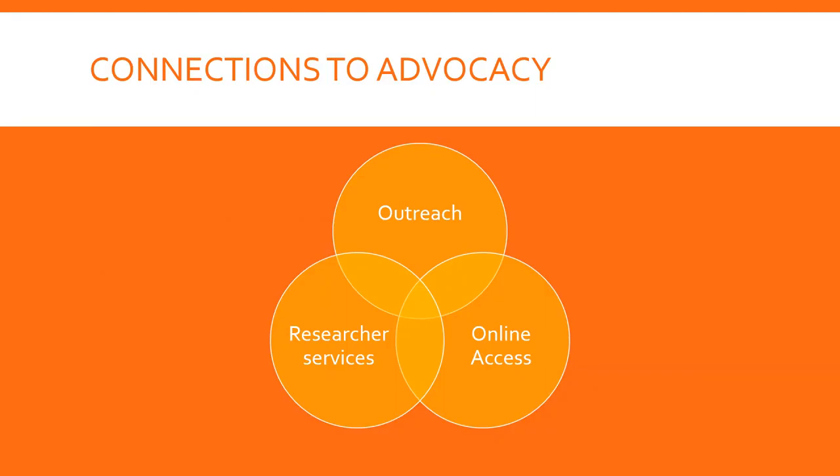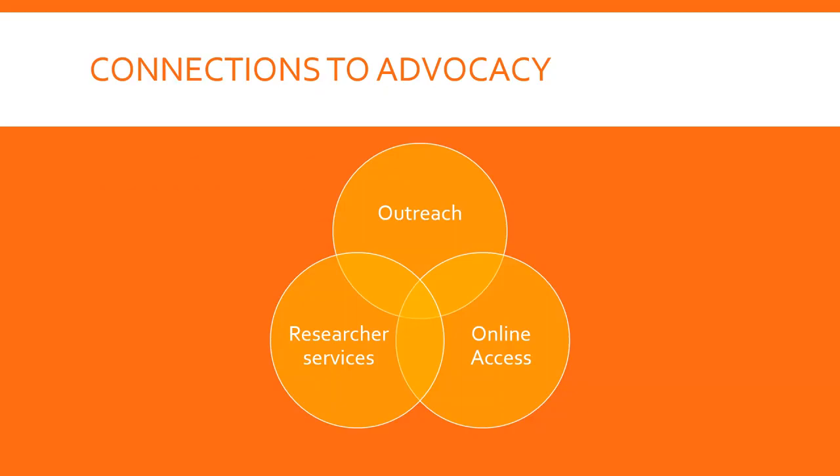For researcher services, you should have some idea of who is or who might be using your repository and structure your researcher services in a way that supports their needs as researchers and their information seeking behavior. And for online access as well, it's important to know who might be using your online resources and structure them in a way that supports their needs as researchers and how they seek out information to meet their information need.